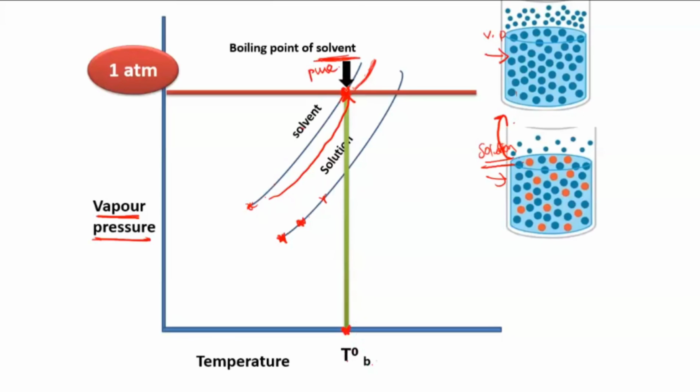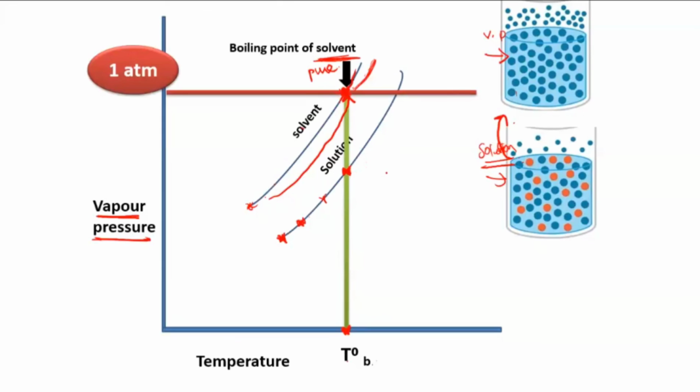At this temperature, the vapor pressure becomes equal to atmospheric pressure, so it has crossed the line and started boiling. Now at the same temperature for the solution, see, the solution has reached only here and has a long way to go. It has to reach till here, only then will the liquid start boiling.